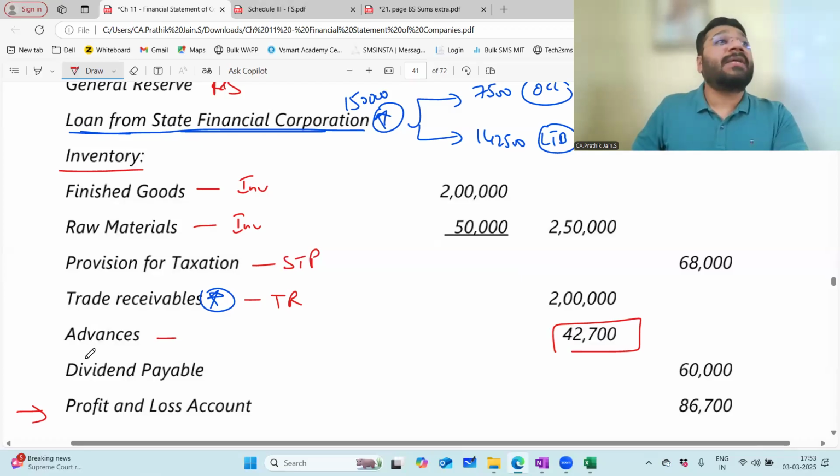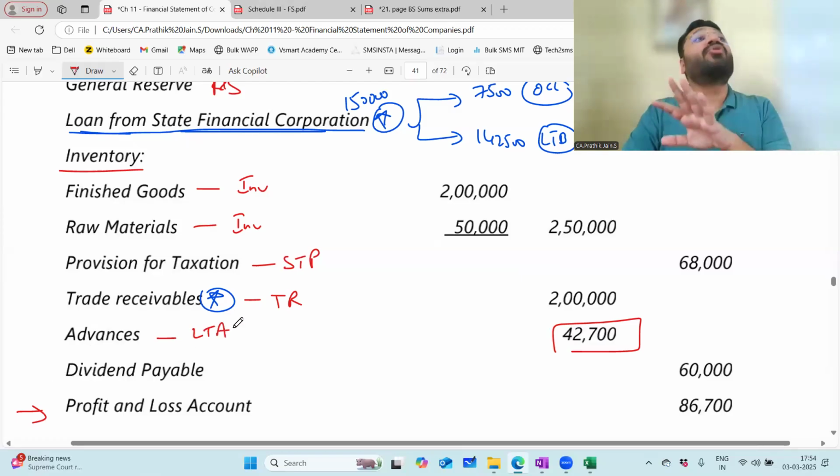Sometimes I should have treated this as short term, sometimes long term. I'm telling you, in case of borrowings and advances, if nothing is mentioned, you can always take long term. Whenever they say it is related to directors or related parties, always take it to short term. This is a stance you can take in the exam. So here I'll take it as long-term advances. In the textbook, you might find this as short-term.